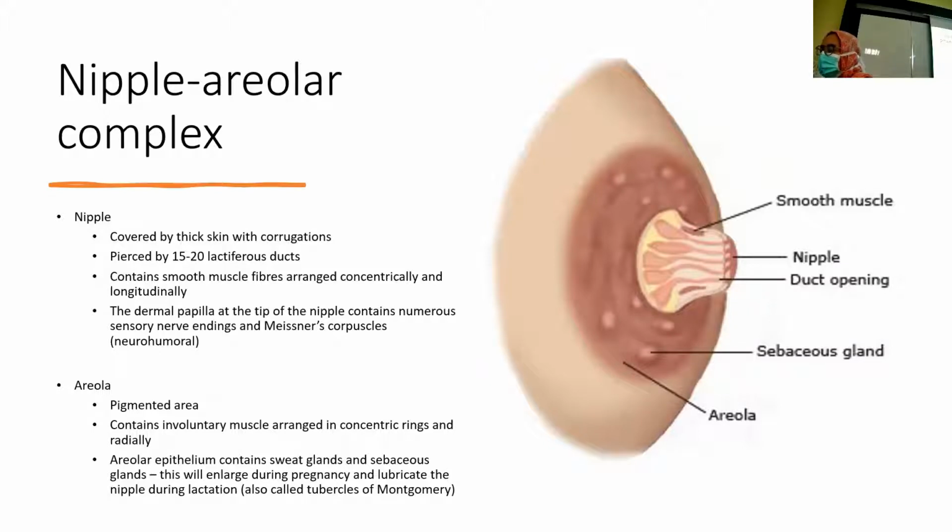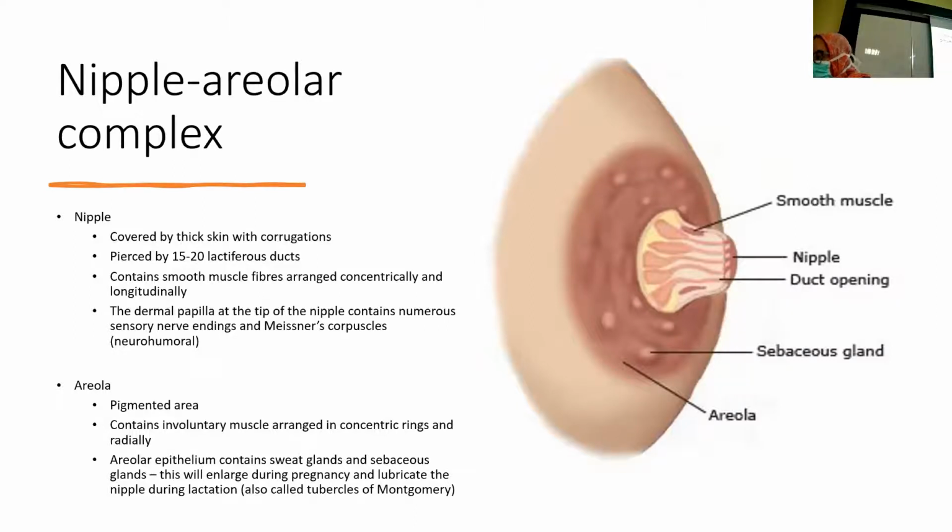At the dermal papilla at the tip of the nipple, it has numerous sensory nerve endings and Meissner's corpuscles as well. Your areola here is pigmented. As I said before, there are involuntary muscles there arranged in concentric and radial form.